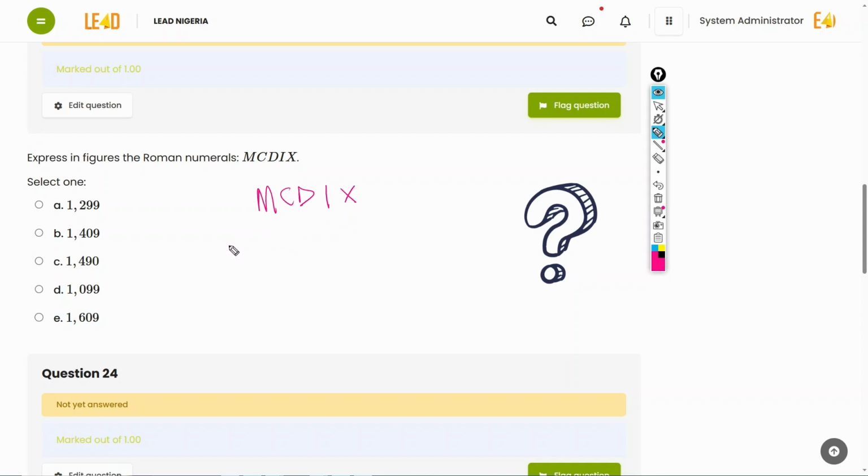So it has to be M plus CD plus IX, because that's the only way that you have thousands separate, hundreds separate, and units separate. There are no tens here. The answer is going to be 1000 plus 400 plus 9, that's 1409. That's option B.